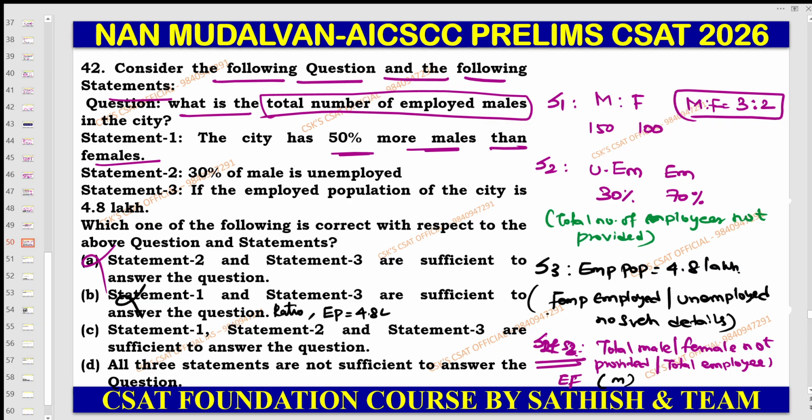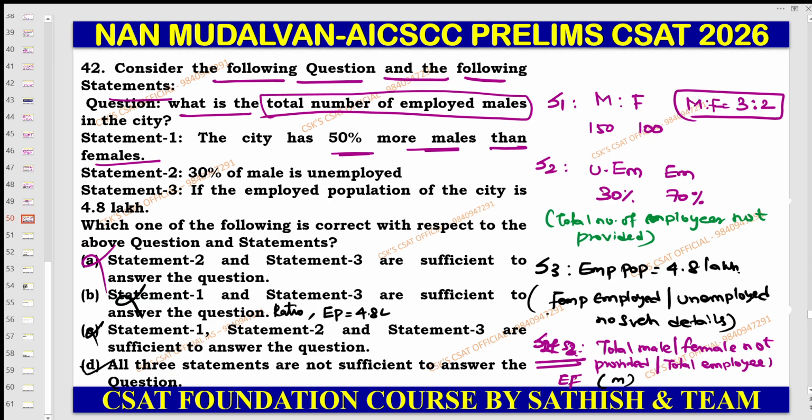Even by taking 1, 2, 3, you don't know the total employees, the total male, the total female, or the total female unemployed. In such a situation, even with these 3 statements it is not possible. The answer here is all 3 statements are not sufficient to answer the question. For this kind of problem, when you are not getting some logic, only then you have to attend.